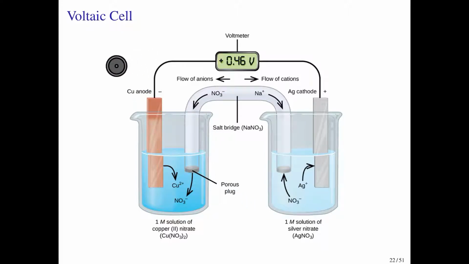Depending upon the energetics, the thermodynamics of the redox reaction, you will get a particular reading in terms of the voltage of the electrochemical cell. We'll talk more about cell potentials in the next video, but I just wanted to point out that's going to be an important part of what we discuss.